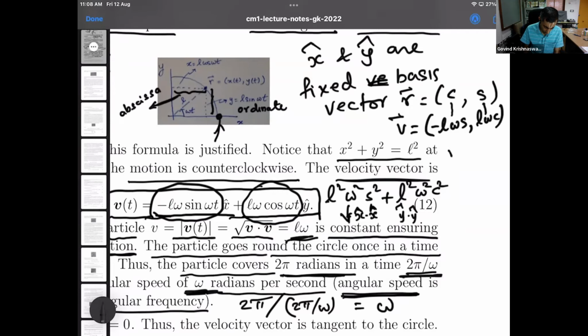So R dot V is minus L omega SC plus L omega CS, which is 0. So we immediately see that the velocity is orthogonal to the position vector.